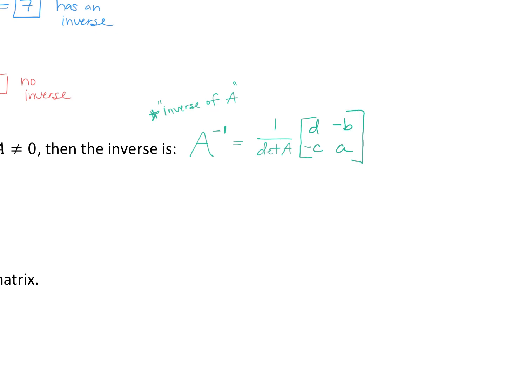The way I like to think of it is 1 over the determinant of A, and then in my head I go swap these, change these. So you swap the first diagonal, you make opposite the other diagonal. The determinant of A is being divided, that's why you can't have a determinant of 0 and still get an inverse, because you can't divide by 0. So that's why 0 is the one that doesn't get us an inverse.